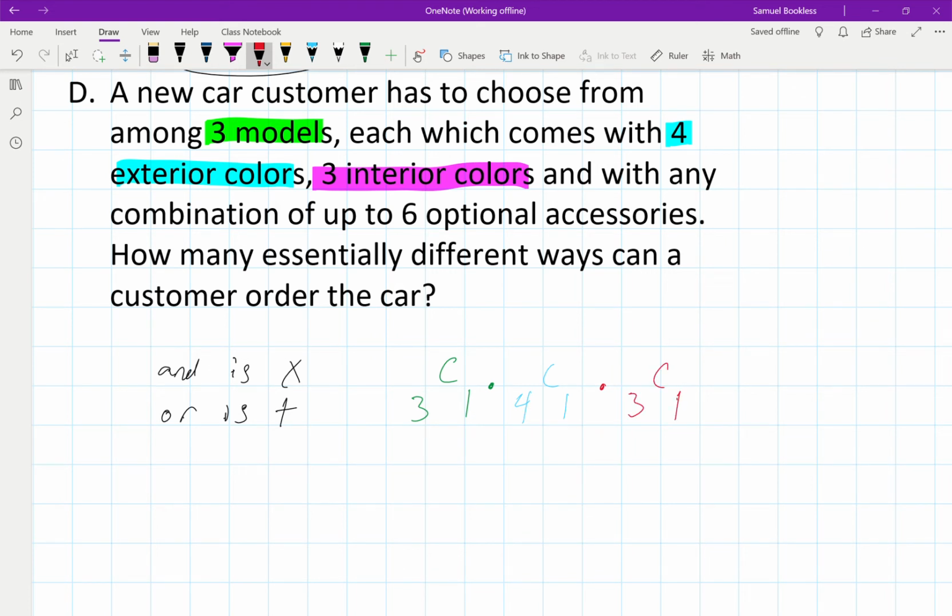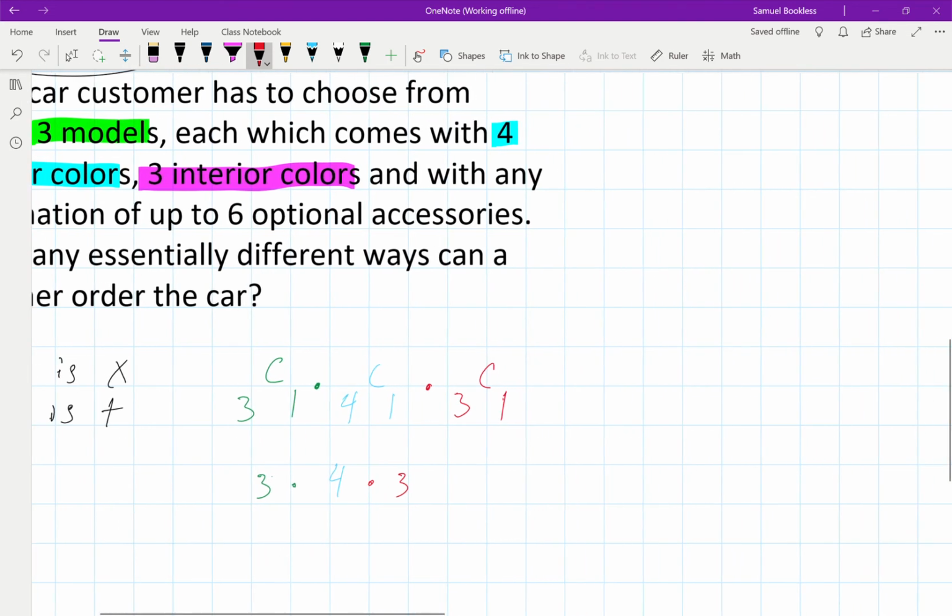All right, so these 3 different pieces already. I have 3 models, and I'm going to choose one, which means there's only going 3C1. I know that that's going to be 3 different outcomes. 4C1, 4 exterior colors. I know that is 4 options. And lastly, 3 interior colors. I have 3 choices, and I choose one, and so that's just 3 options. Again, 3 different outcomes.